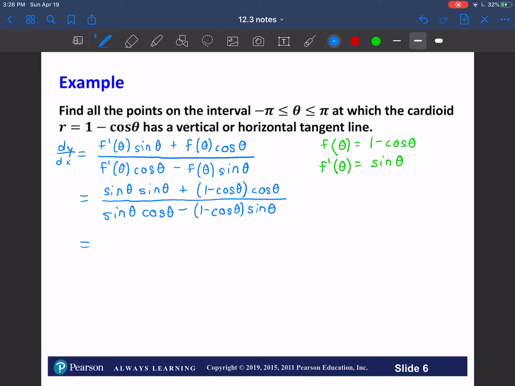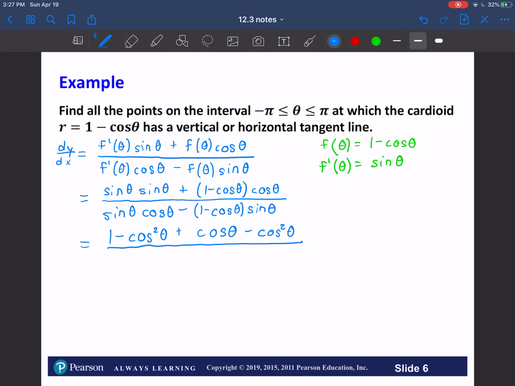Alright, so from here, what we can do is we can just go ahead and distribute everything. We have a sine squared of theta here. We're going to write that as 1 minus cosine squared. You'll see why in a minute. So 1 minus cosine squared of theta. And then we're going to distribute these two together. So we're going to get cosine theta minus cosine squared of theta. So the reason that we did the sine squared and the cosine squared thing was so that we could combine this cosine squared and this cosine squared.